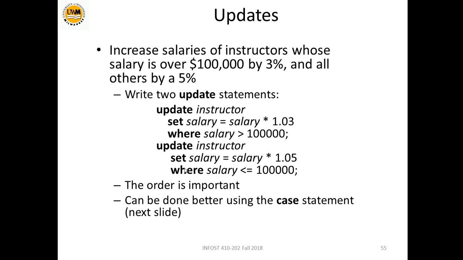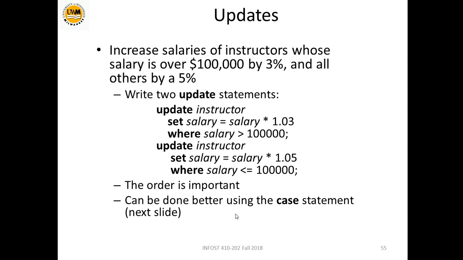Now the order is important here. If we do the second one before the first one, some of the salaries might cross the 100,000 limit, and thus will get another raise as part of this query.